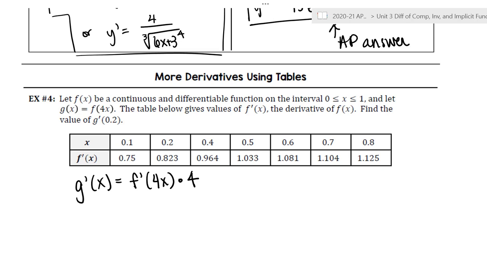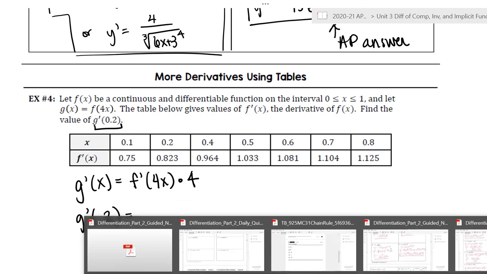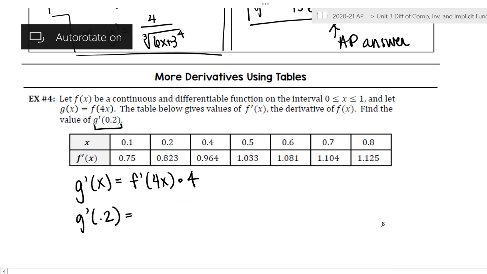Once I get to this point, I'm going to say, all right, let's get some values from this table because I'm trying to look at g prime of 0.2. So what I can do is evaluate for f prime and then multiply by 4. So just like before, I'm going to be plugging in that 0.2 for every x.